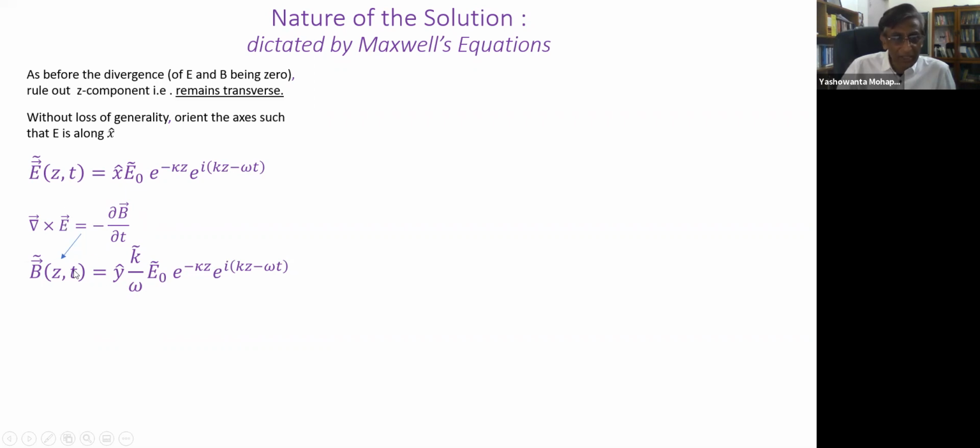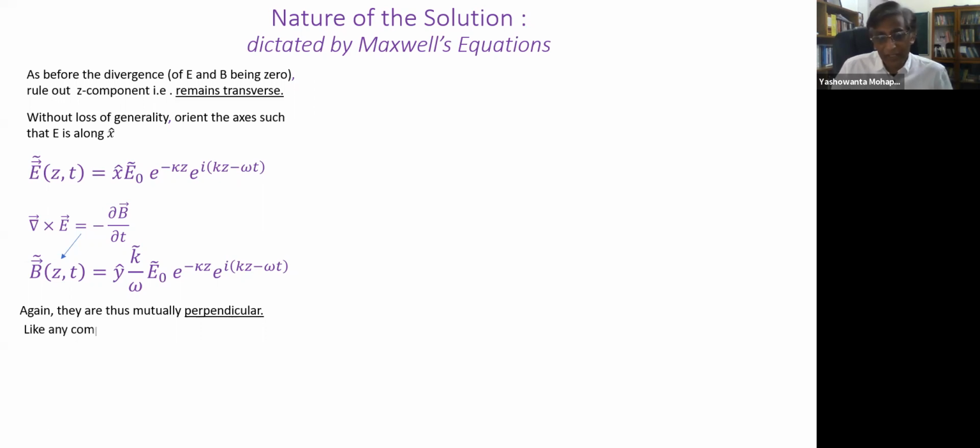So I can write down E and B of z,t once I orient my axis such that it is traveling in the Z direction and E is polarized in X. So that notion of transverse is still preserved. So again, they are thus mutually perpendicular also. That is still true.